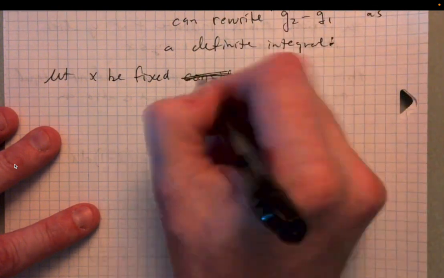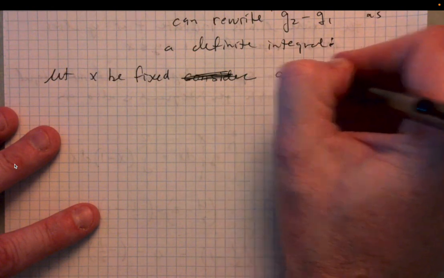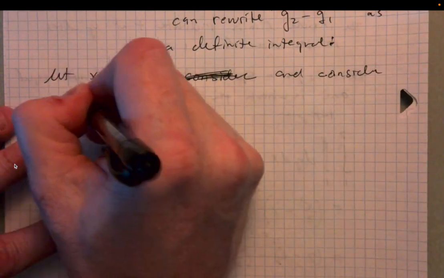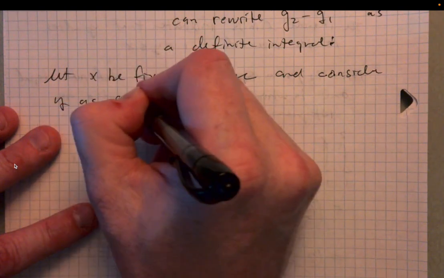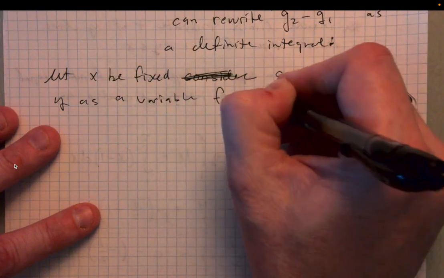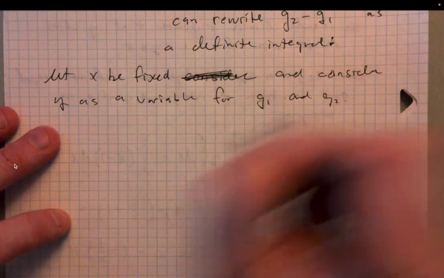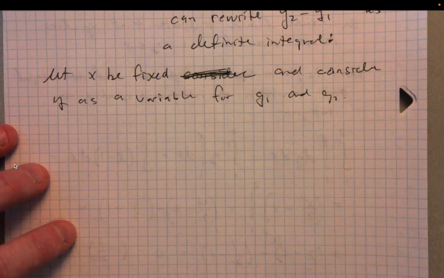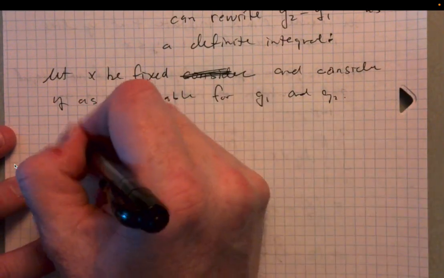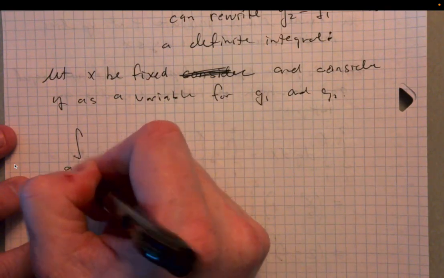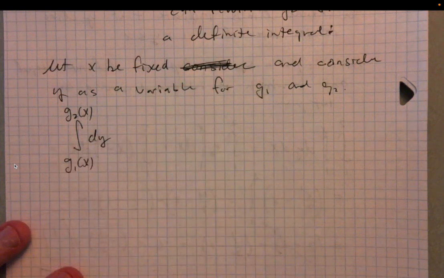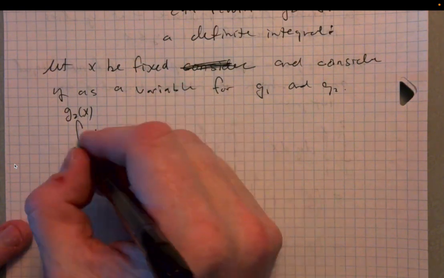Here's what we can write: the integral from g1 of x up to g2 of x of dy.